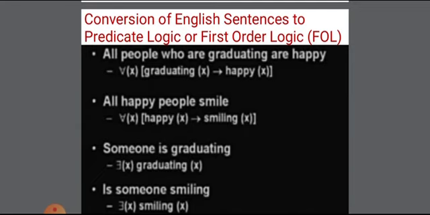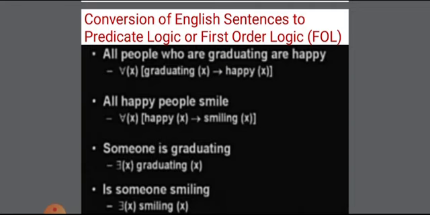The last statement is someone is smiling. Again we have the word someone, so we use the existential quantifier with smiling. This is how these sentences get converted into predicate logic.